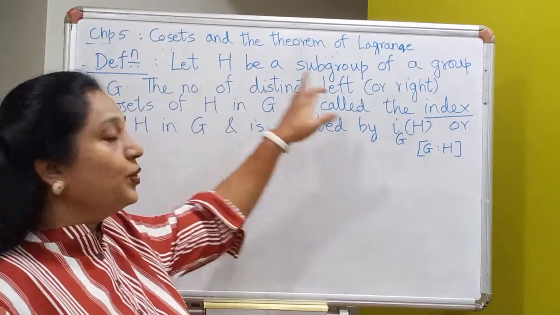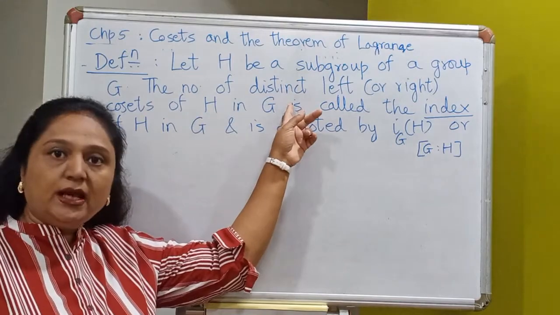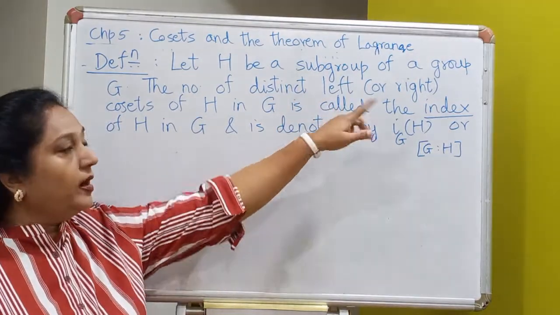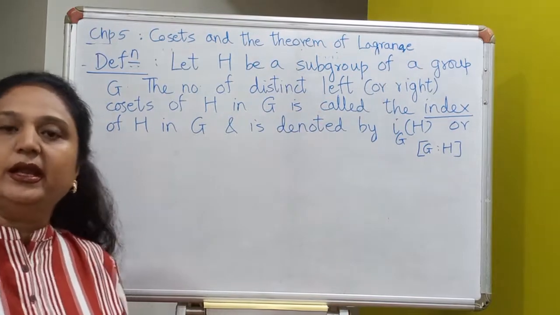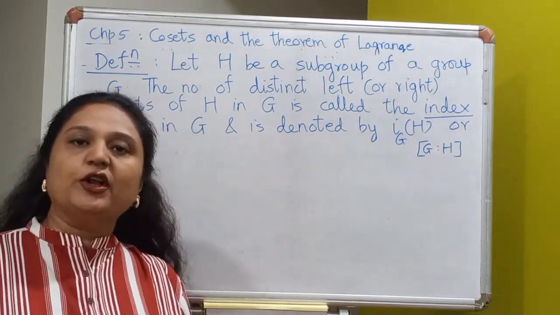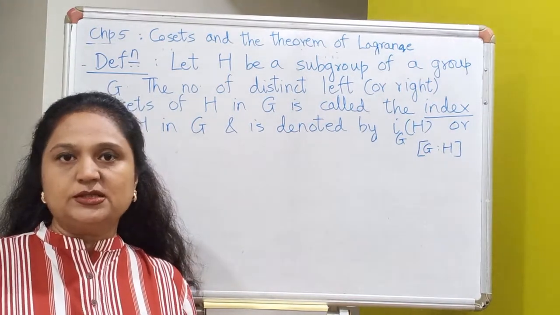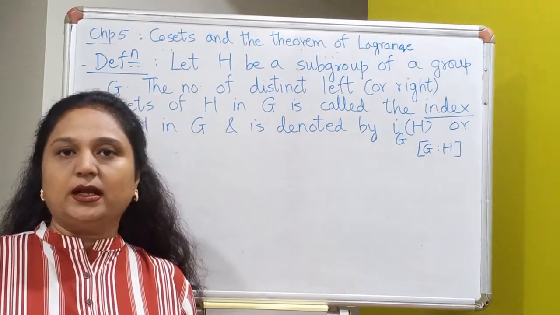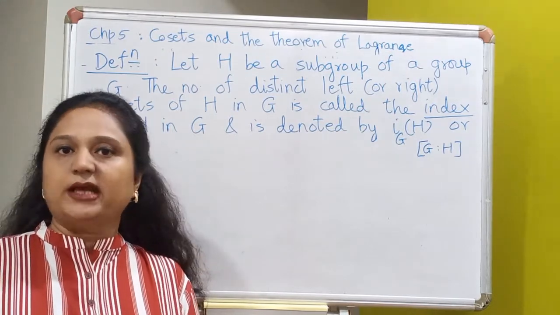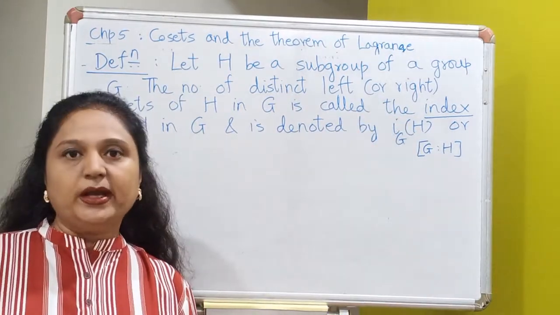Let H be a subgroup of a group G. Then the number of distinct left or right cosets for that matter of H in G will be called the index of H in G. That means for a particular subgroup, you count the number of distinct left cosets or you count the number of distinct right cosets. Incidentally, the two will be the same. So it doesn't matter whether you count left cosets or right cosets.